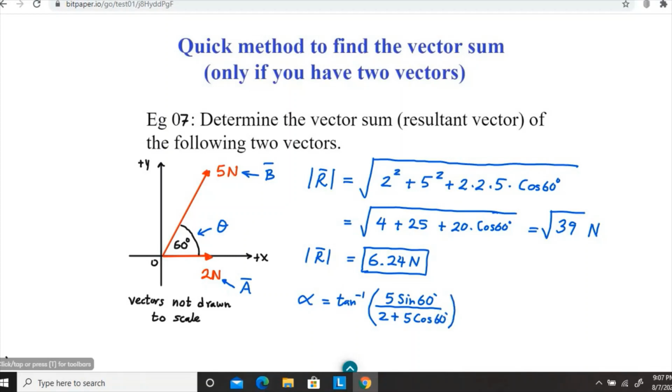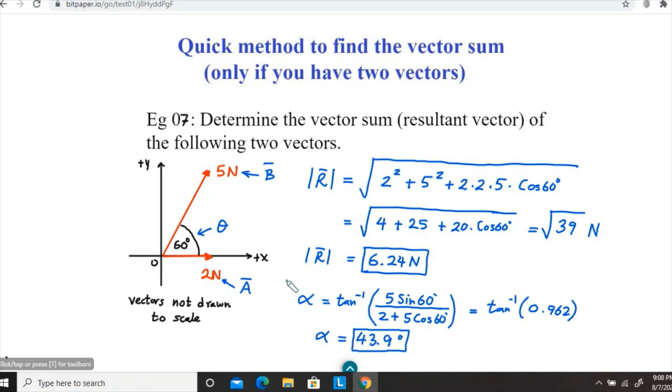If you cannot remember this, then please look at the expression and make the substitution. And then when you simplify the numerator and the denominator, you are going to get inverse tangent 0.962. And then when you solve this, alpha, you would get 43.9 degrees up to 3 significant figures.